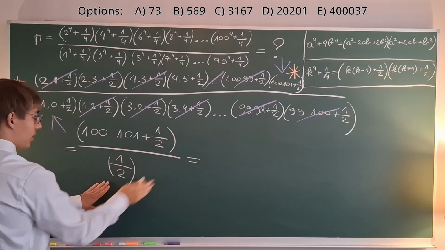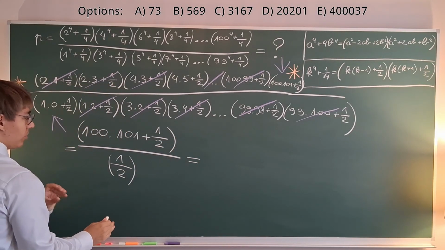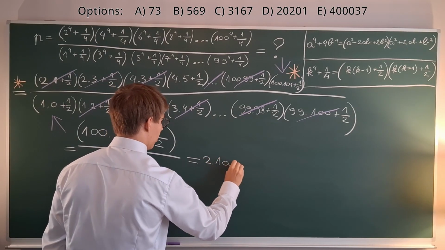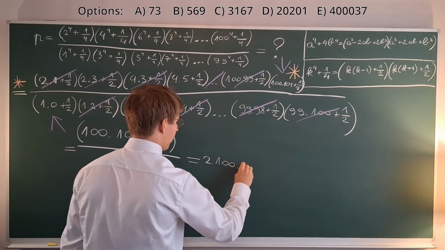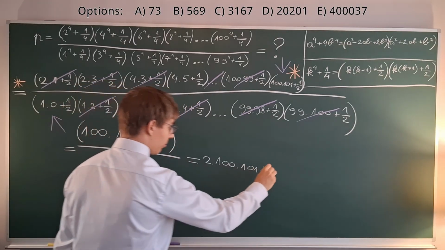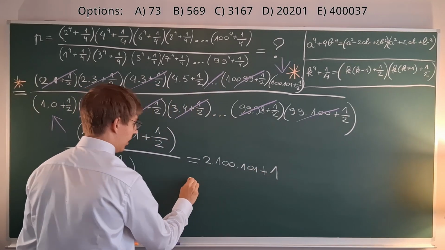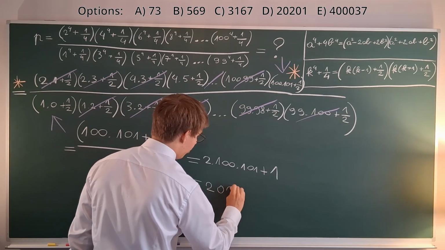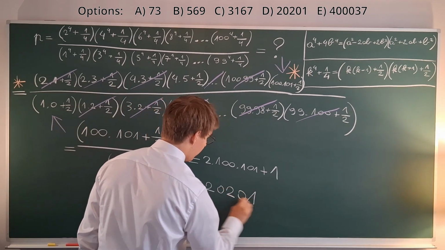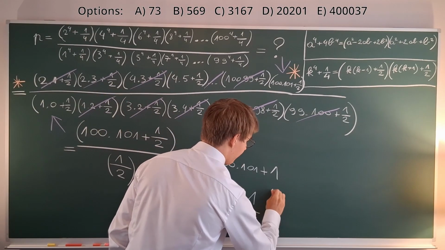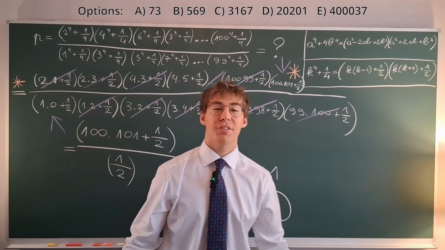Now let's multiply both sides by 2, so then we get 2 times 100 times 101 plus 1. And this is equal to 20,201. And that was exactly option D. So we solved our question.